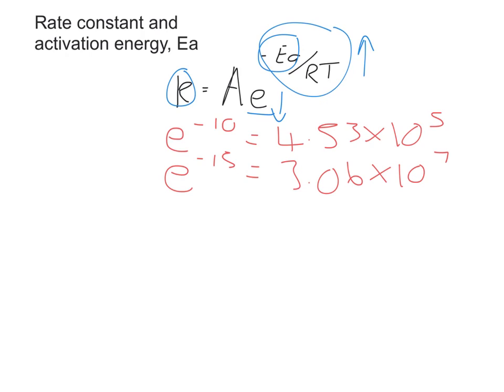So let's have a look at how Ea affects k. Well, if we increase Ea, it means the fraction of Ea over RT would also increase, which makes the exponential factor e decrease, as we've just found out. And if e is decreasing, that means that k will decrease. And if k decreases, then rate will decrease also.